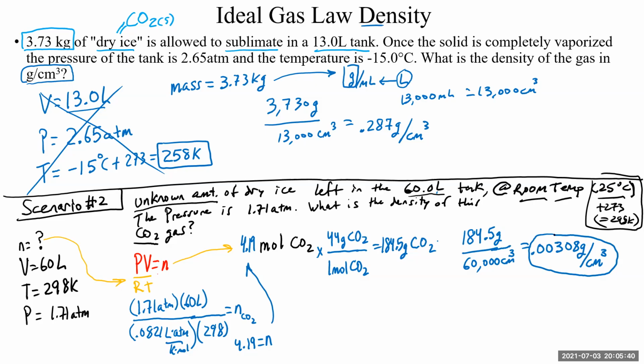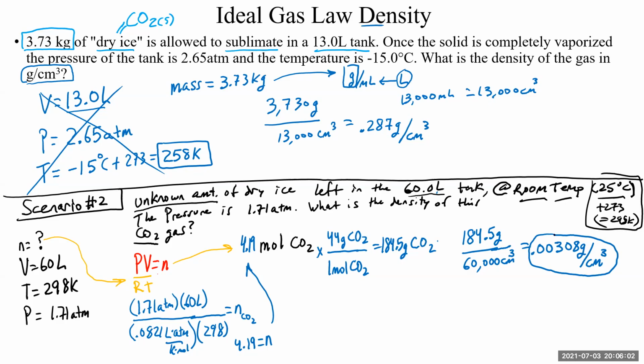So we didn't need to know the mass in this case. We could figure out the mass from the moles, and we could figure out the moles from the ideal gas law. And then we simply use the molar mass to convert from moles to grams, and then get the density of the gas, take that, divide by 60,000 milliliters.